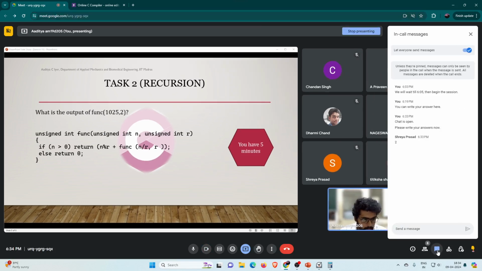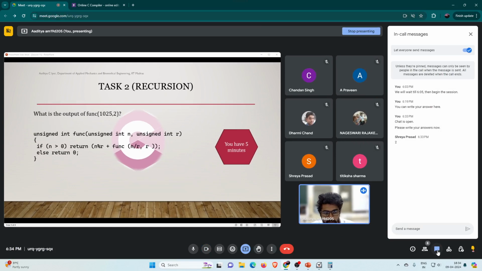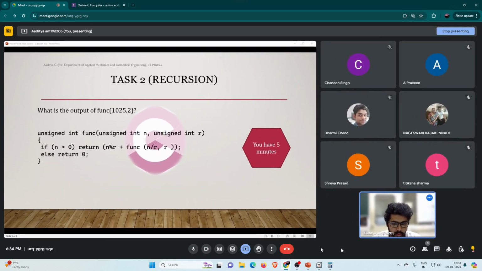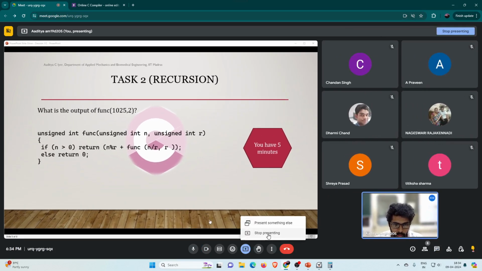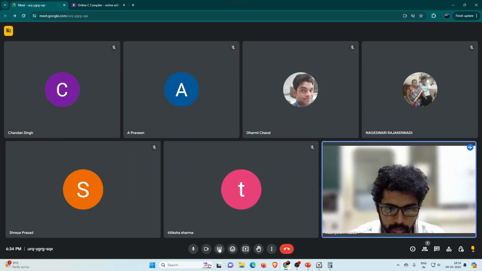So we have received an answer, it is 2. Let's just find out what the answer is.